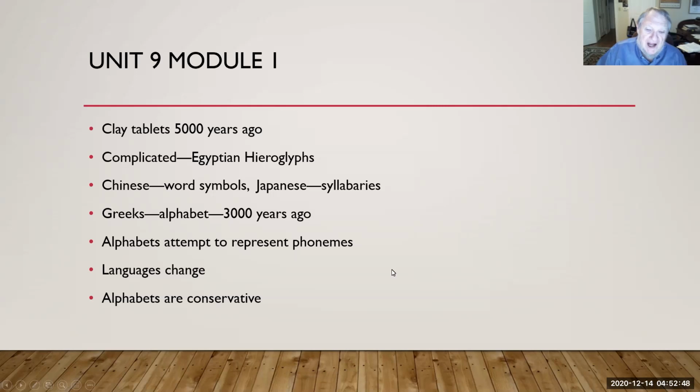But languages change. And so there are two factors going on. One, the Greeks created the alphabet. The Romans borrowed, quote unquote, the Greek alphabet to represent Latin. They had to rearrange the symbols because Greek was not the same as Latin. And so they fiddled with the alphabet.